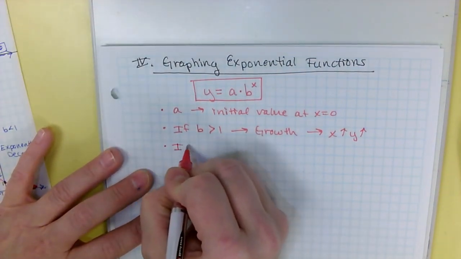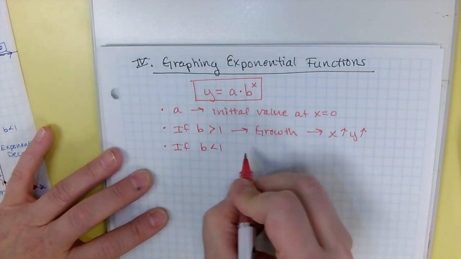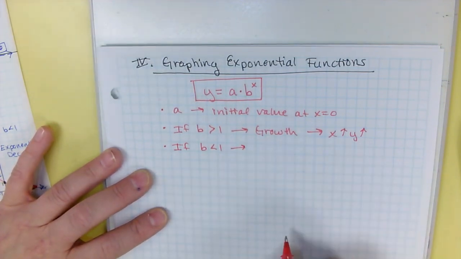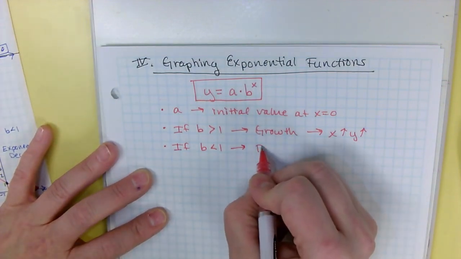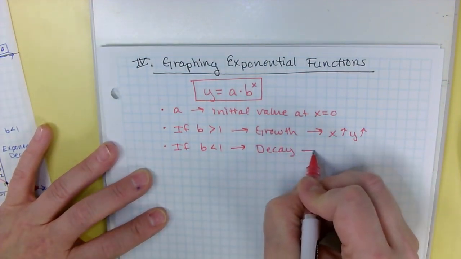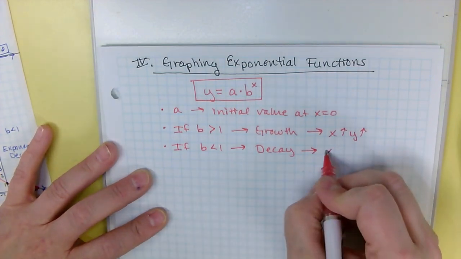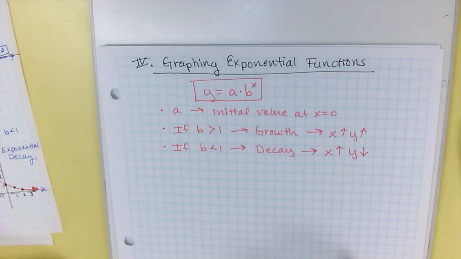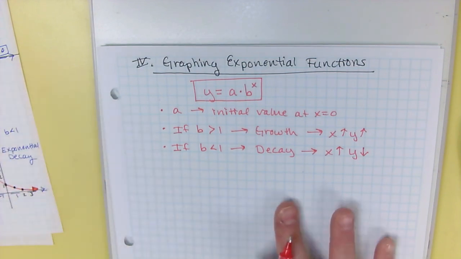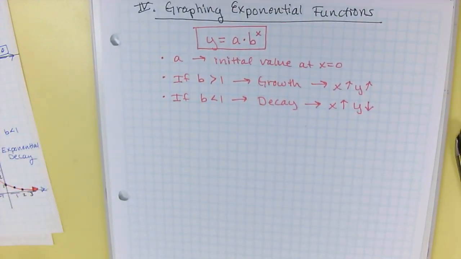Okay, if your b value is less than 1, if it's 1/2 or 3/4 or 0.8, this is an exponential decay function, which means as x gets larger, y gets smaller, y goes down. So those are the two categories of exponential functions.